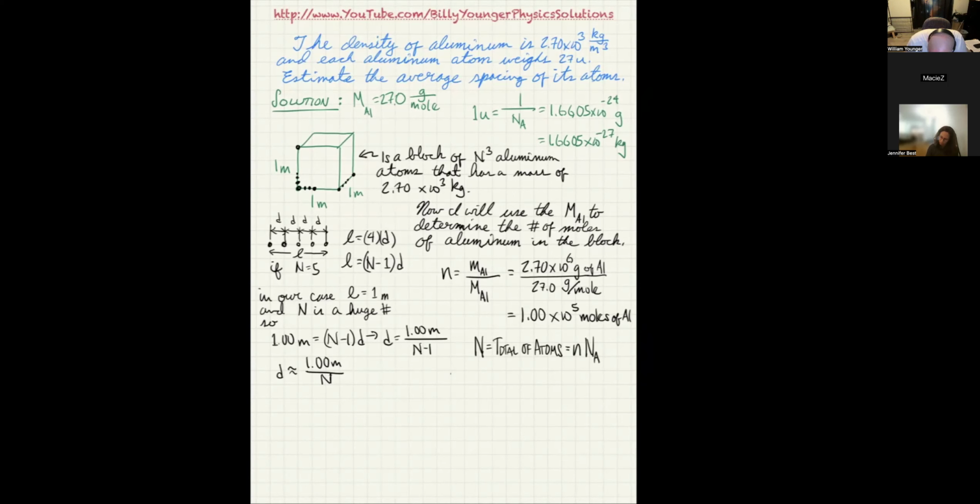Now, it's really unfortunate that I used the n for the number of atoms along the side, because I'm using the same n here. It probably would have been smarter for me to use something else. In fact, let me do that.